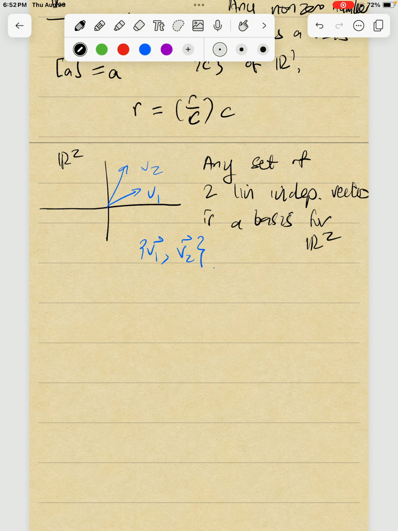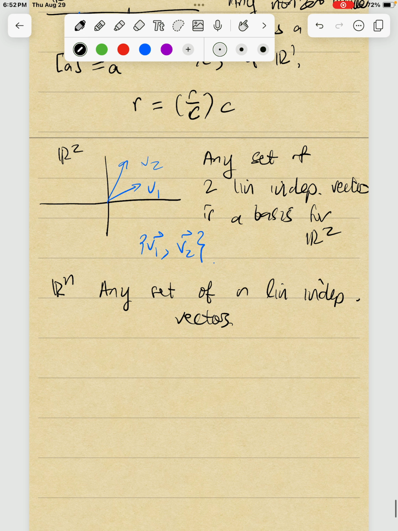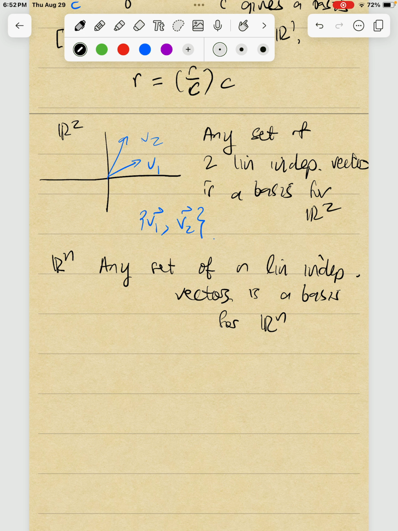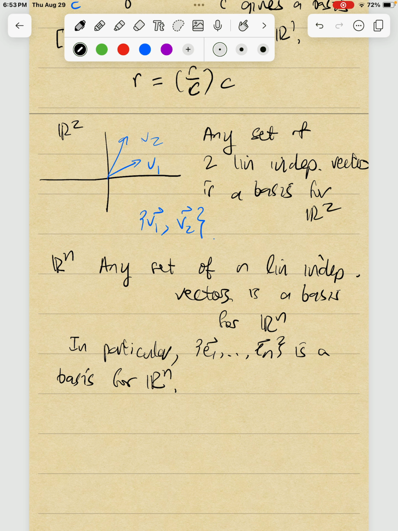And in general, in Rn, it's a theorem that any set of n linearly independent vectors is a basis for Rn. In particular, the standard basis, that's the simplest basis. The set E1 through En is a basis for Rn.